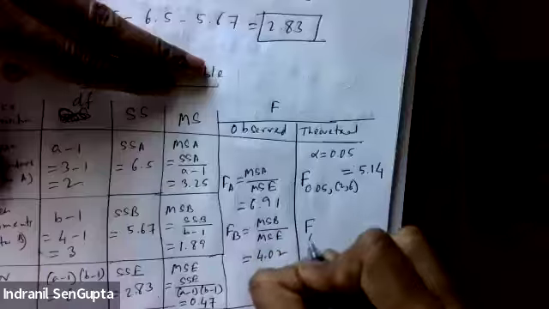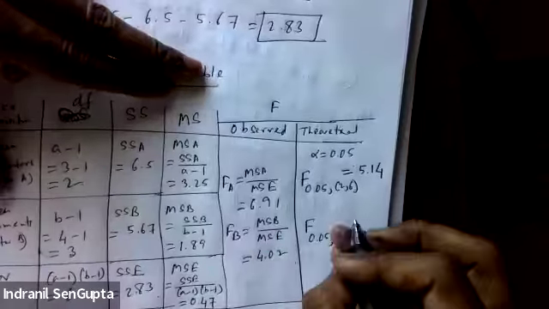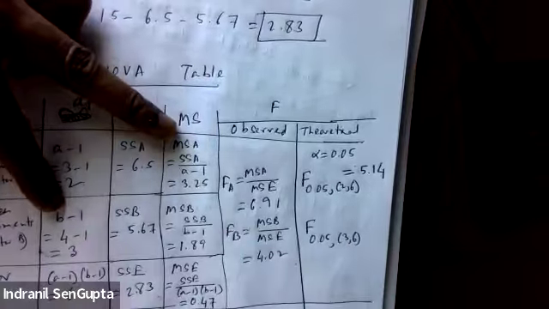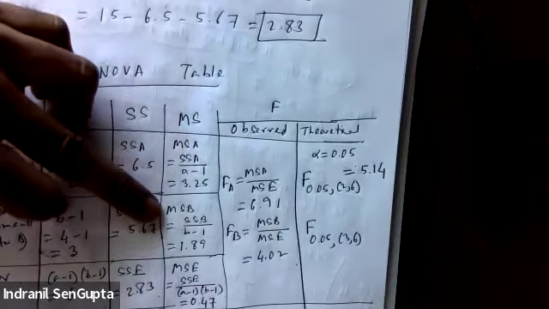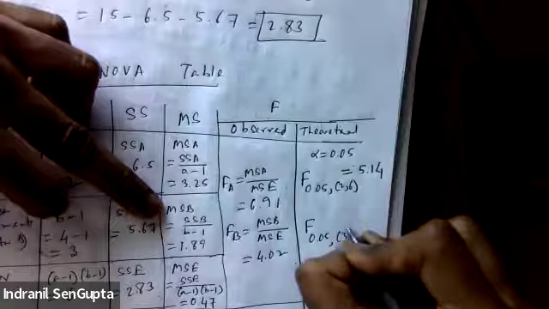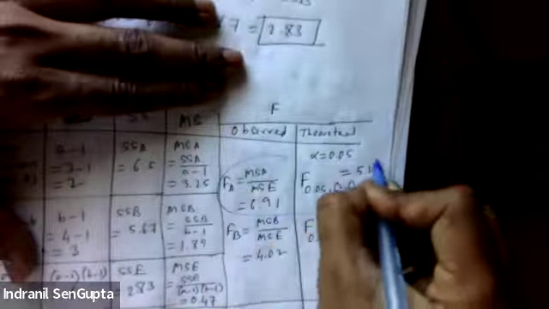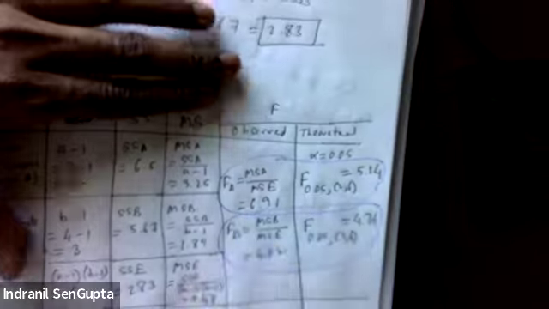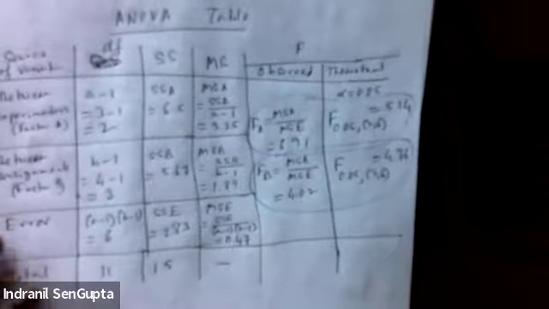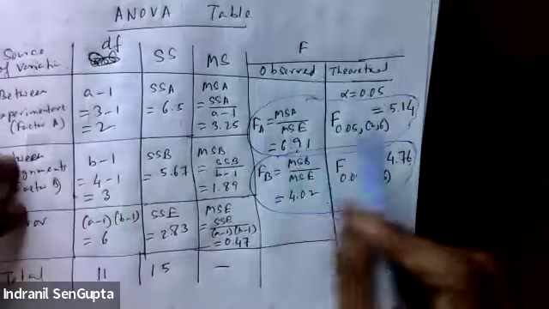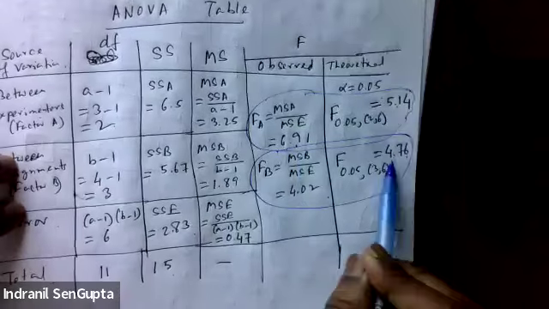And with significance level 0.05 and the degrees of freedom 3 and 6, it is given by 4.76. Note that we'll be comparing this with this one and this with this one. So what is the comparison? Of course, this number is more than this one, and this number is less than this one.